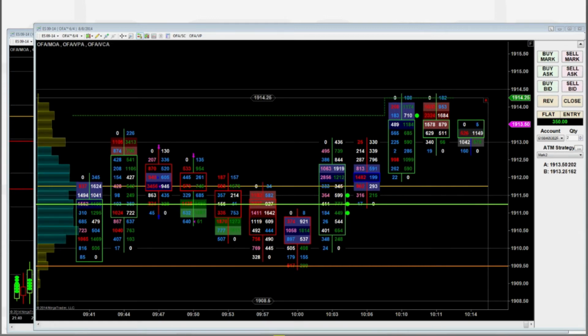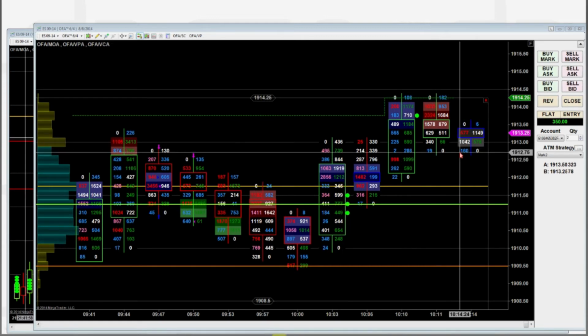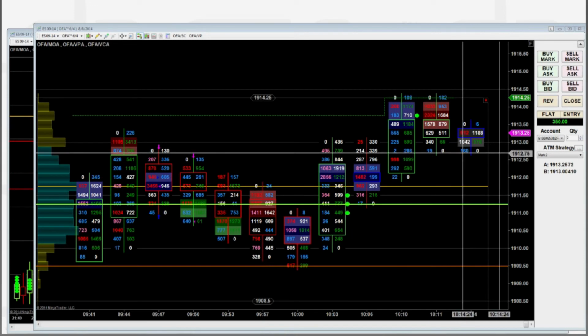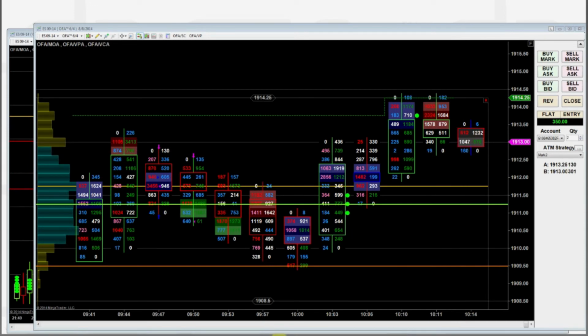So we got a little bit of a low volume area at 1275 right there. So this has the potential to be another opportunity.